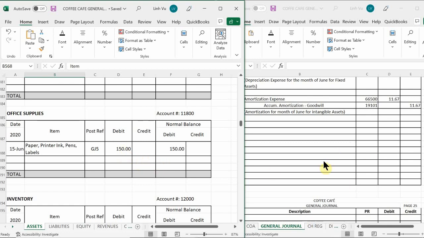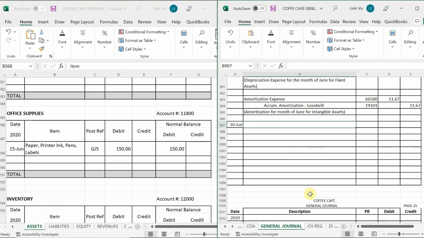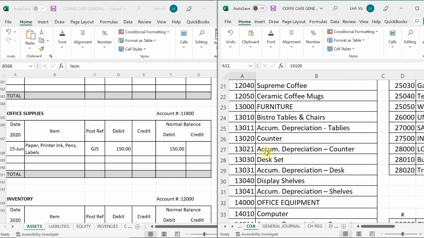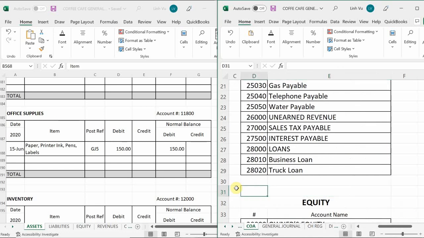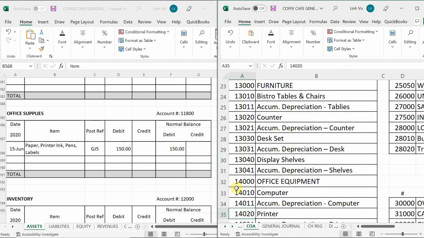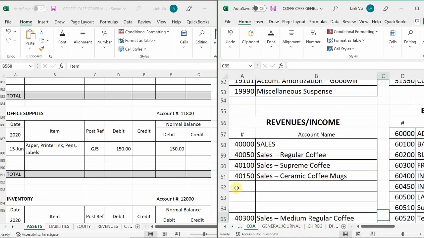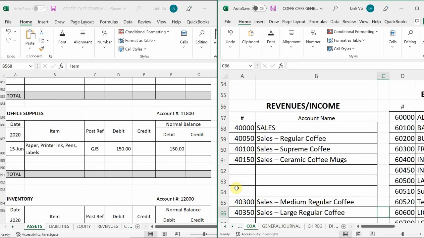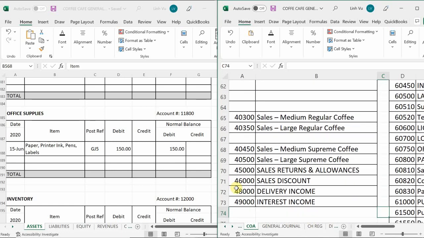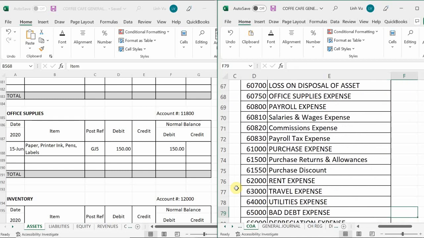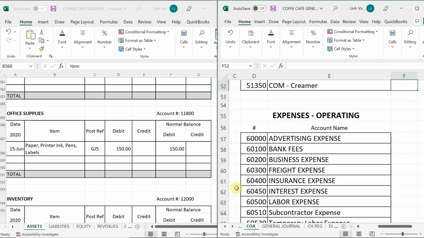If I used my office supplies, what account am I going to associate with using office supplies? It's not in sales. Is it in equity?